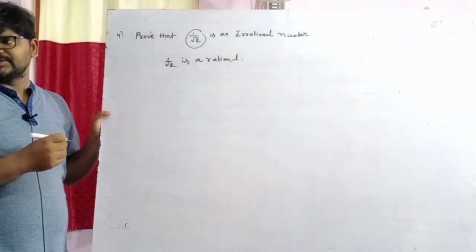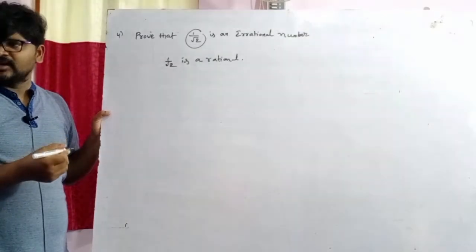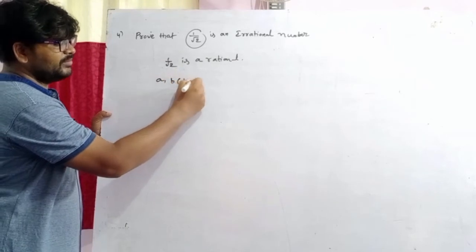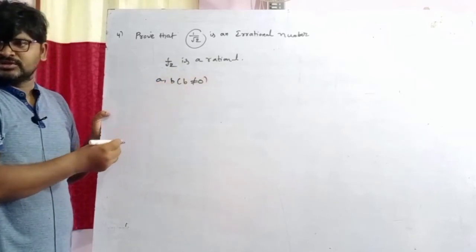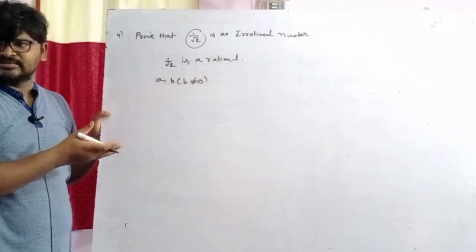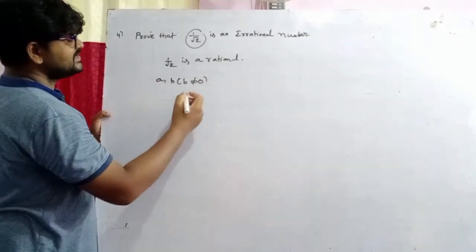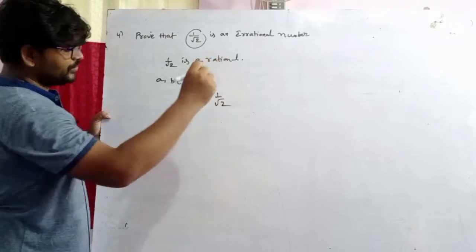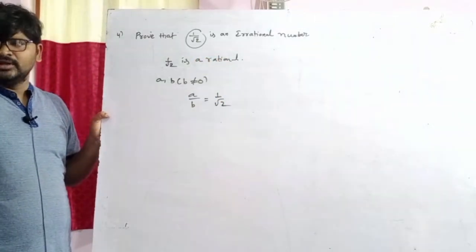If it is rational, then there exist a, b, with b not equal to 0, co-prime integers, such that a by b equals 1 by root 2.